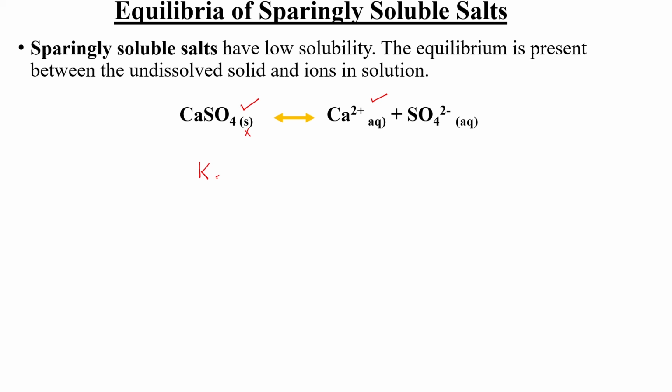So if I have to write down the K equilibrium expression for this reaction, it will be K equilibrium equals molar concentration of calcium times molar concentration of sulfate. And this K equilibrium for a sparingly soluble salt is often called the solubility product because it is the product of the solubilities of the ions. So we can just say KSP. You will see this terminology a lot.